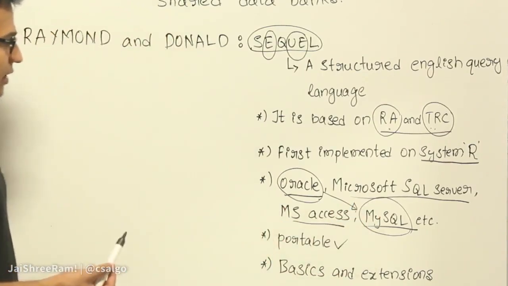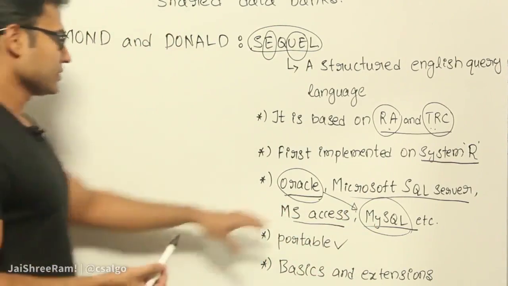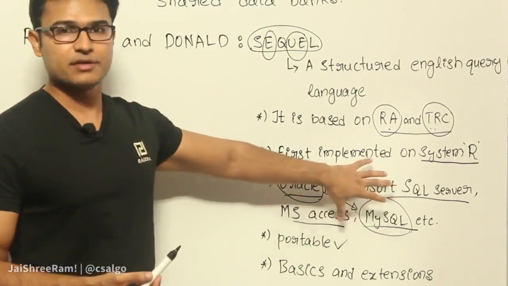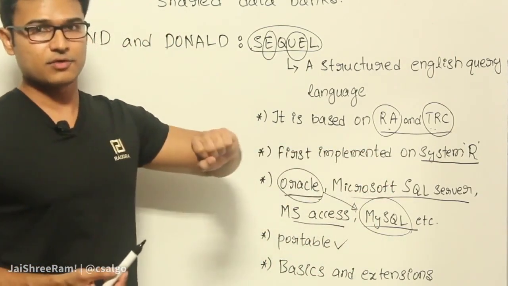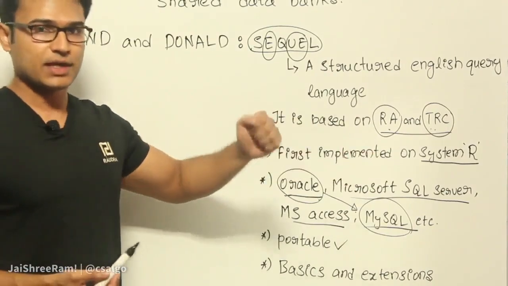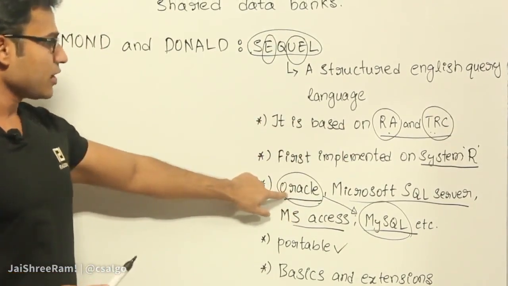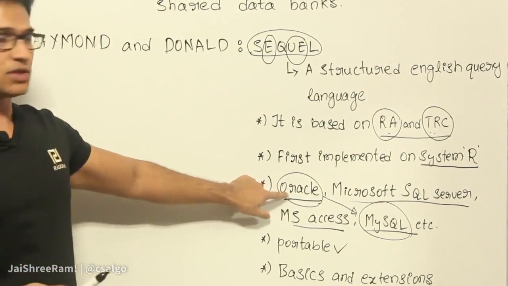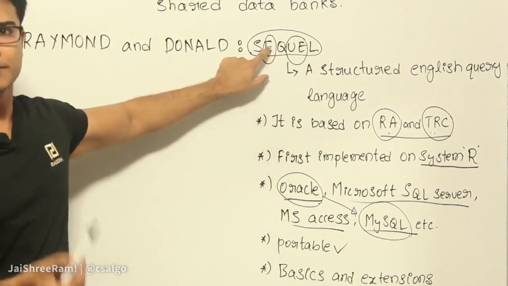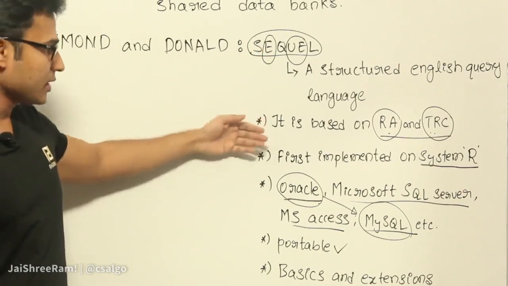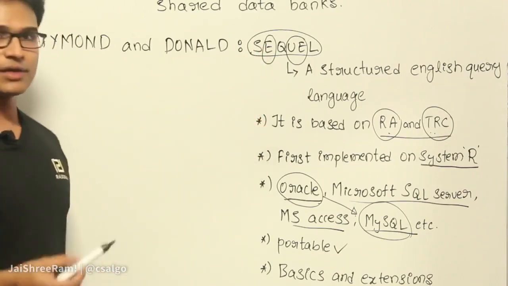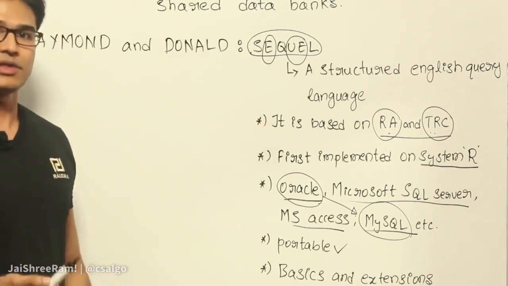And if any commercial vendor provides an SQL compliant language, it means that he is going to provide all the basic functionalities proposed by SQL, which are called basics. Apart from it, some vendors have also implemented their own features, which are called extensions, right?